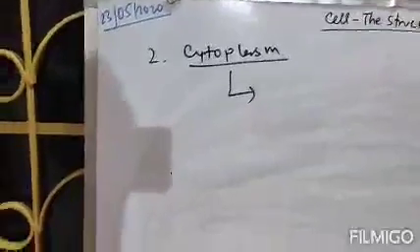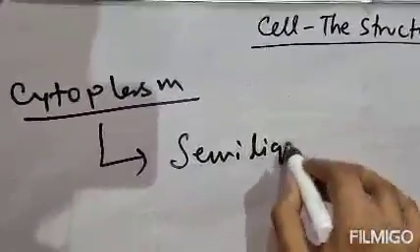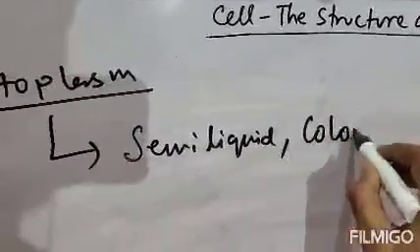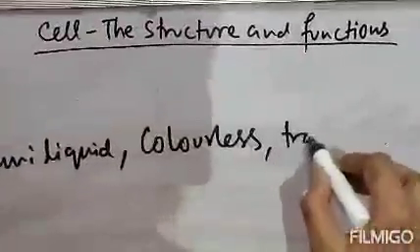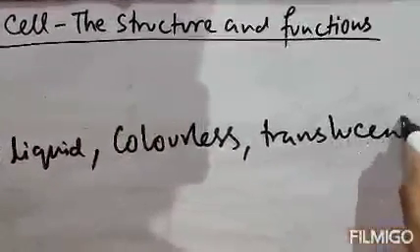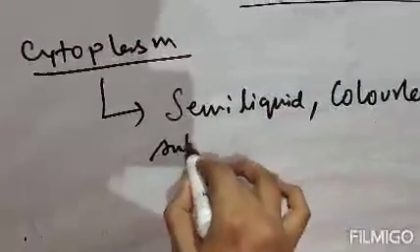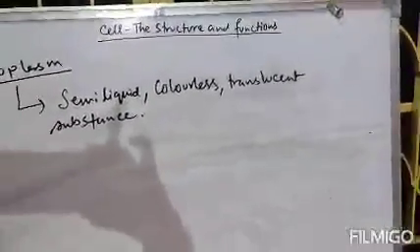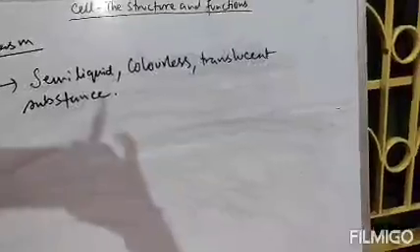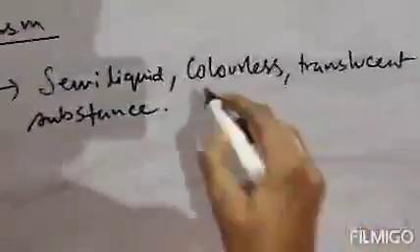It is semi-liquid and has no color, that is, it is colorless as well as translucent. Clear? So cytoplasm is actually a semi-liquid, colorless, translucent substance found in the cell, or more specifically found between the nucleus and cell membrane.